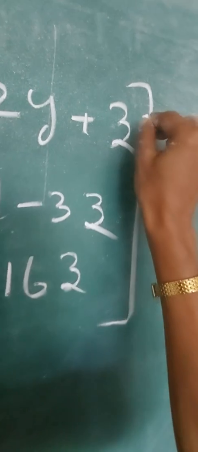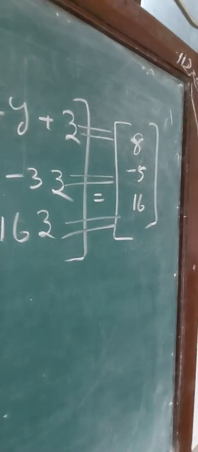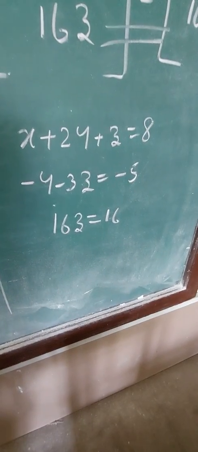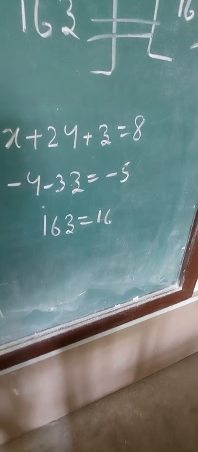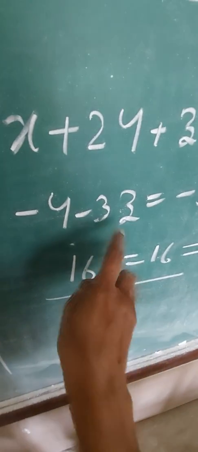Okay, equating first element equal to first element, second element equal to second element, third element equal to third element. So here x plus 2y plus z. These are the three equations. Starting from here, 16z equal to 16. Therefore, z equal to 16 upon 16, 1. Substituting z equal to 1 here.